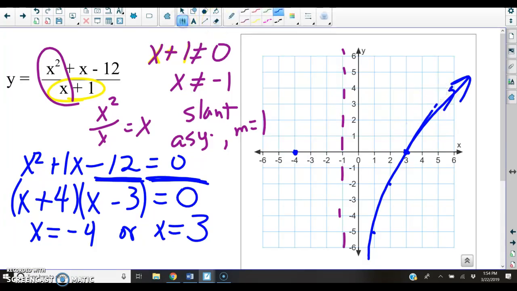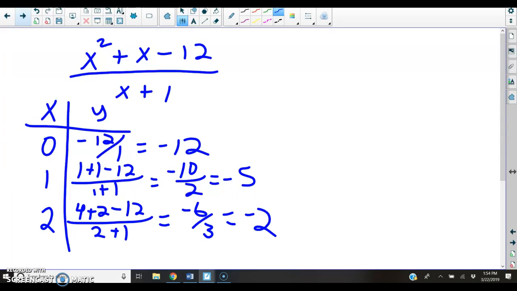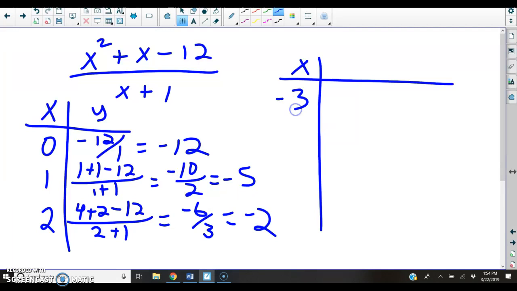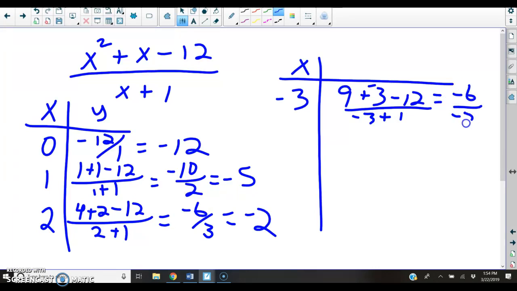Now I need to try some on the left. We know that -4 is going to give us a 0, but let's see what's happening for -3 and -5. When I put in -3, I'm going to have 9 plus -3 minus 12 over -3 plus 1. So that's going to be -6 over -2, for +3.